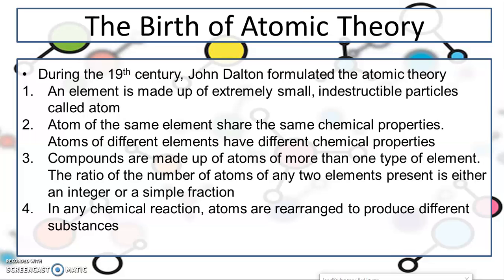Compounds are made up of atoms of more than one type of element. The ratio of the number of atoms of any two elements present is either an integer or a simple fraction. In any chemical reaction, atoms are rearranged to produce different substances.